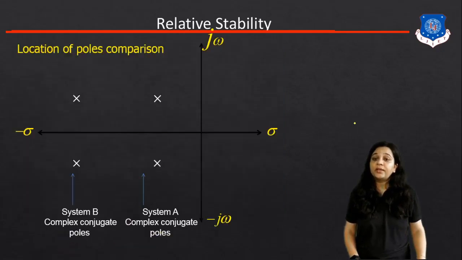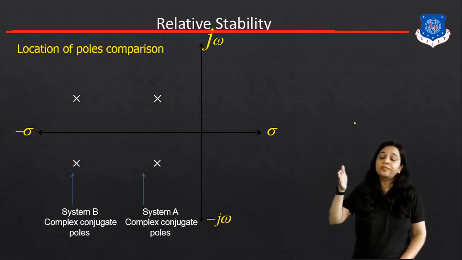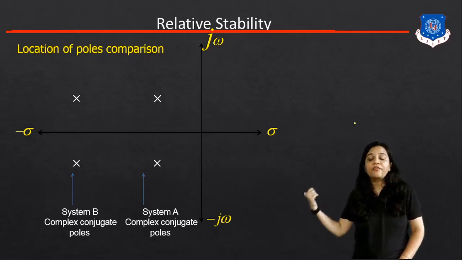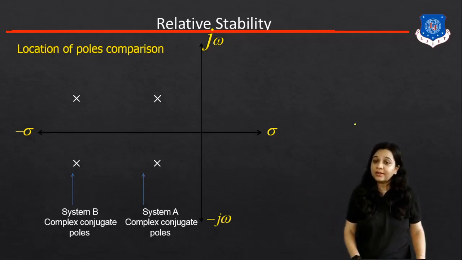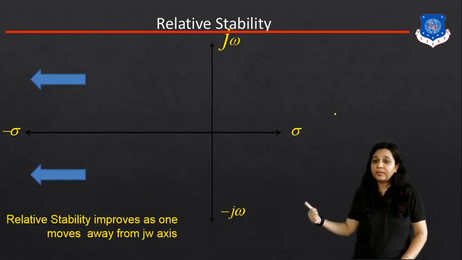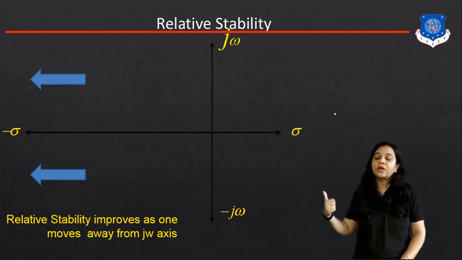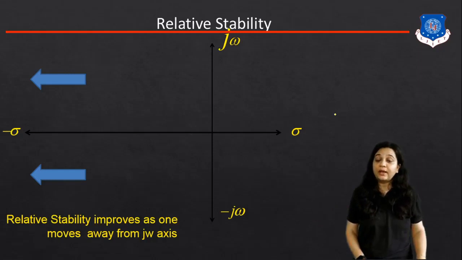Again, the second point is the location of the poles. Whether the poles are located near the j omega axis or far away from it, we can get the system stability from that. The relative stability improves as one moves away from the j omega axis.